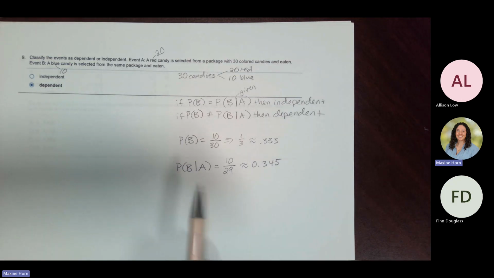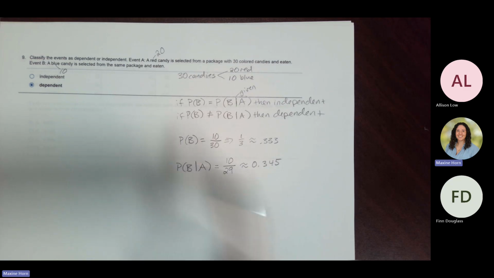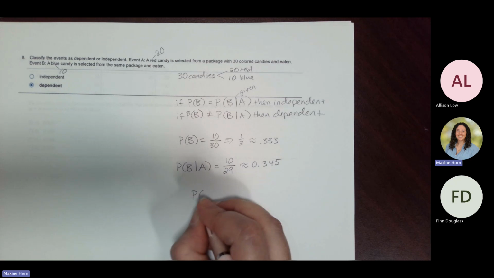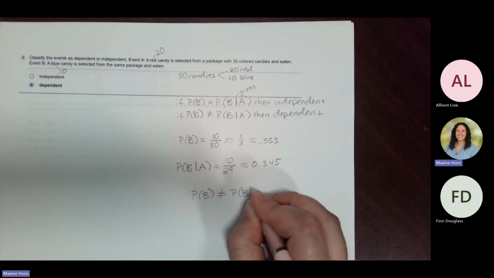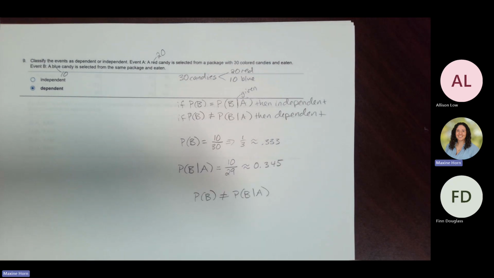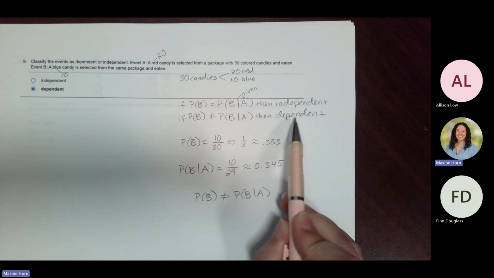So the probability of B given that A happens is not the same as just the probability of B completely on its own. So the probability of B is not the same as the probability of B given A in this instance, which means that these two events are dependent, right?